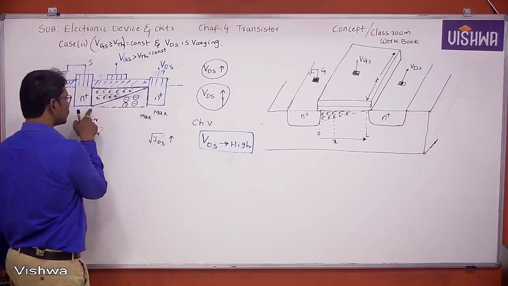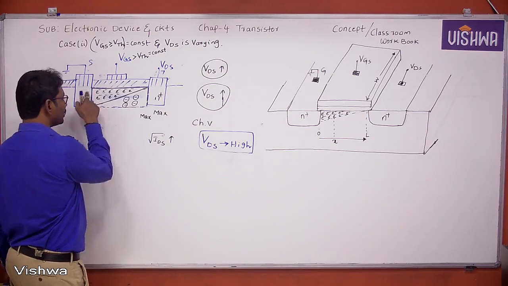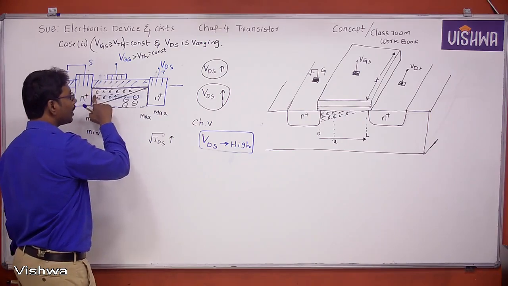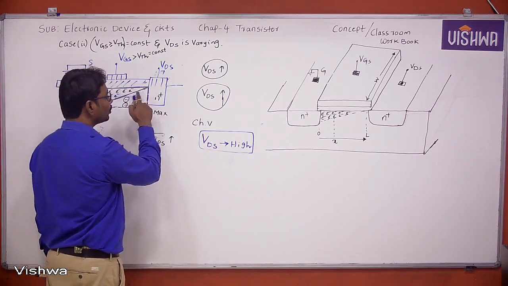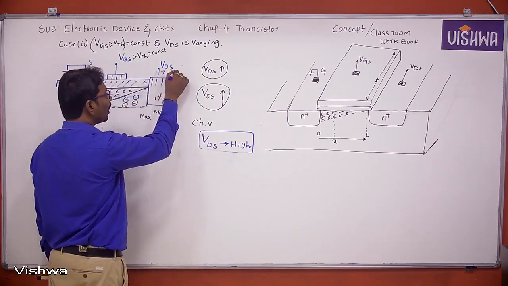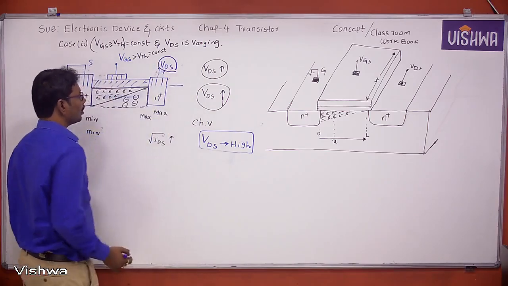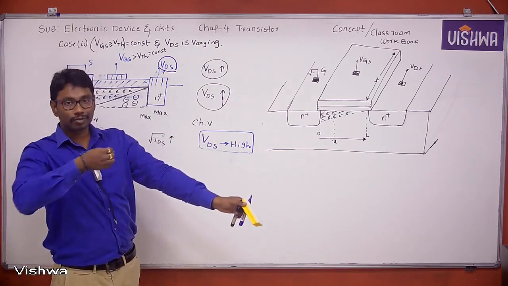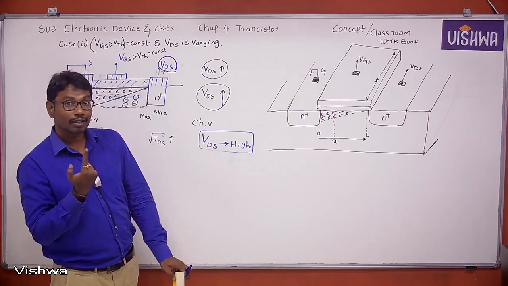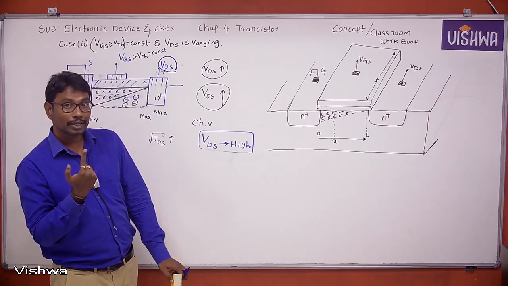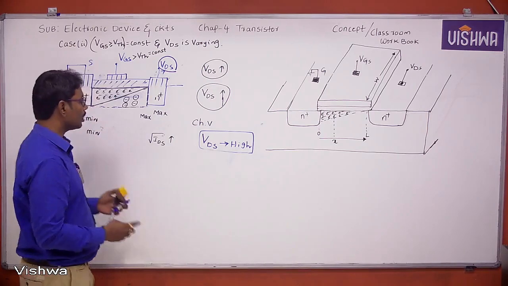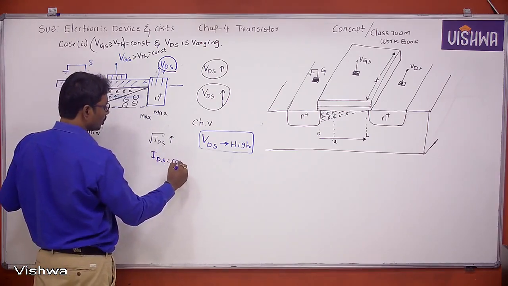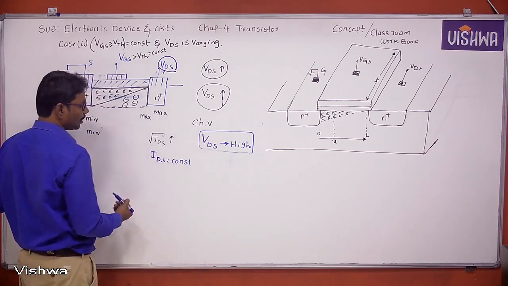But at the source end, the channel is maximum, due to which a few electrons get attracted towards the drain end by the high value of VDS. Increasing VDS can attract the electrons from the source end even though the channel is pinched off at the drain end, due to which the current IDS is constant.